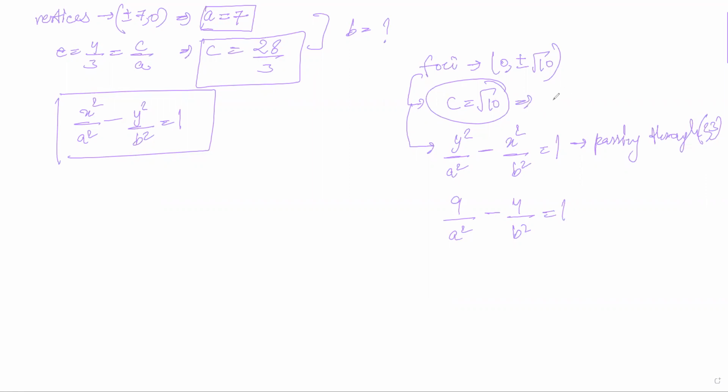Now c is root 10, and we know that c square is equal to a square plus b square. Hence, b square is 10 minus a square. Let's call it the first equation. Use it here. You can use it very easily.